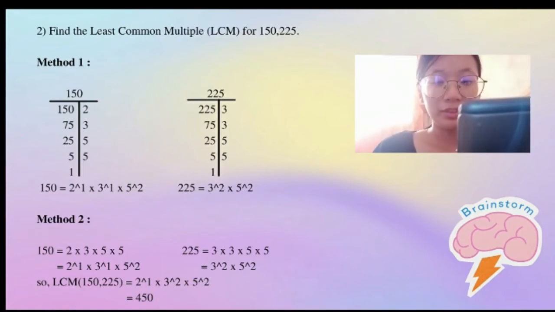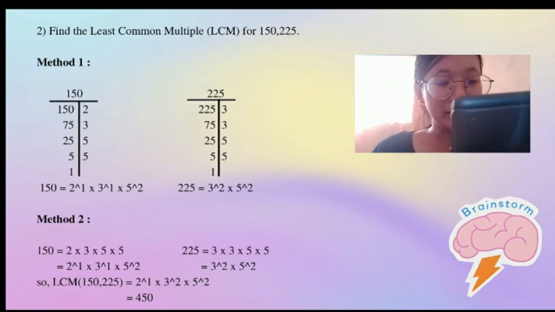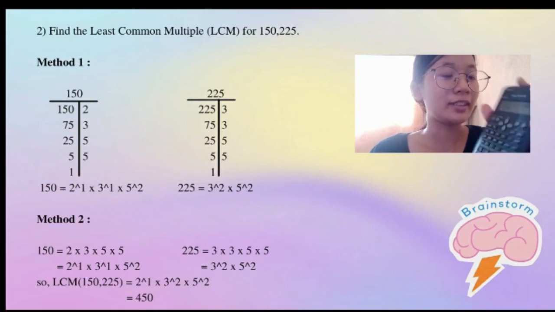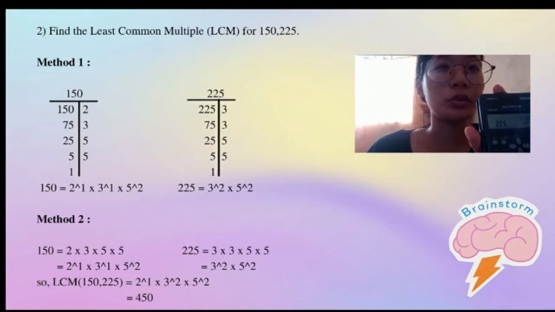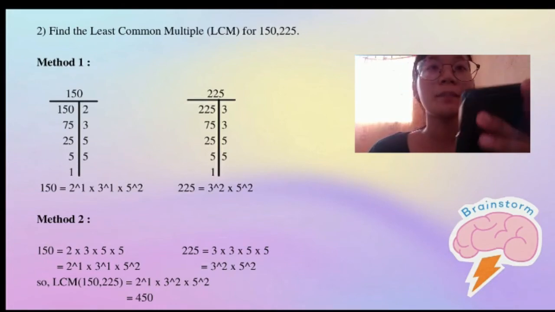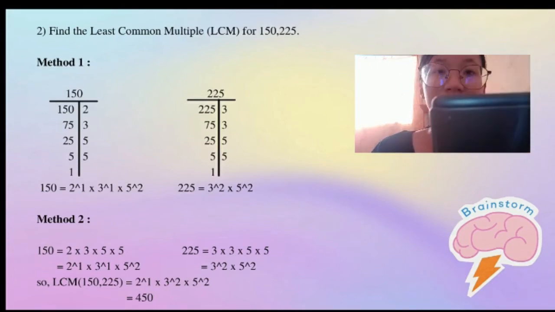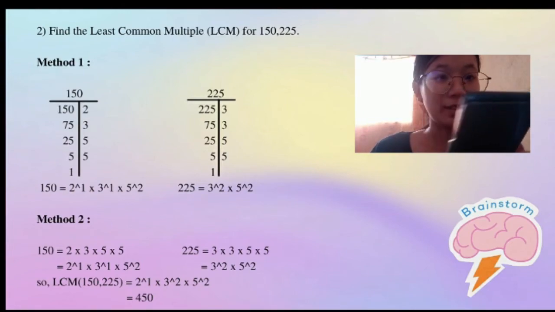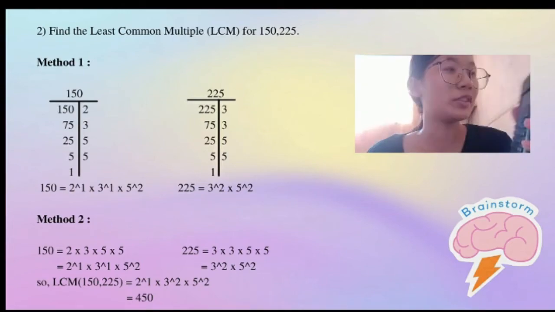Then we press 75 divided by 2, and we can see the answer is 37.5. It is in decimal, so we need to divide by another number higher than 2, which is 3, and the answer is not in decimal, which is 25.